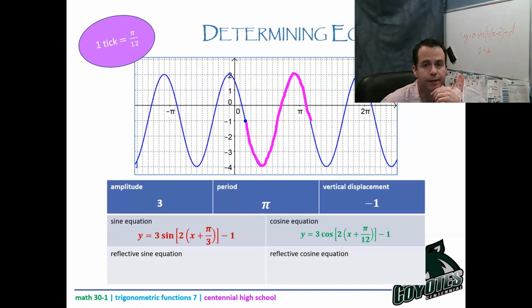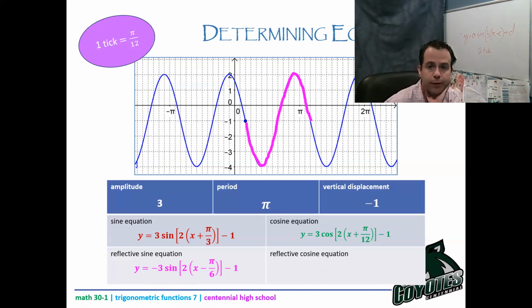So in my equation, that's going to end up being x minus 2 pi over 12, but we'll reduce that to pi over 6. So notice again, in all of these equations, the a value staying the same, the b value staying the same, and the d value is staying the same. The only difference is the c value, and if it's reflective, I got to make sure that I put a negative on that equation as well.